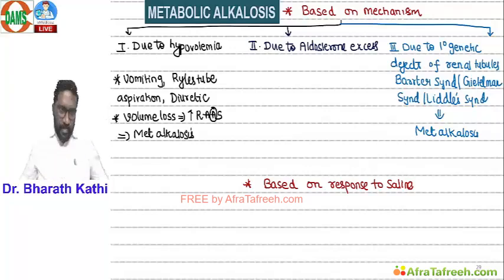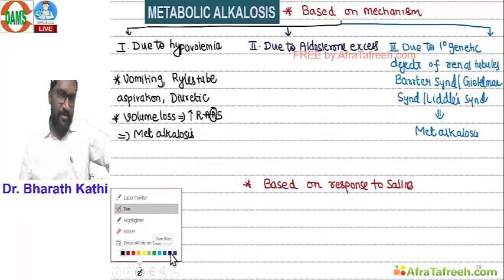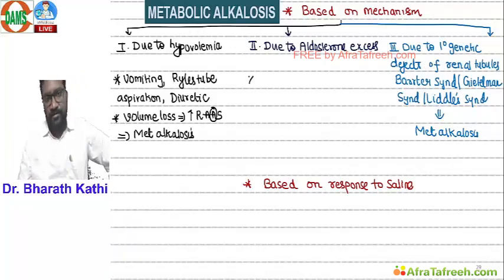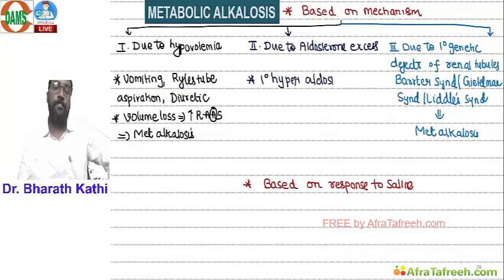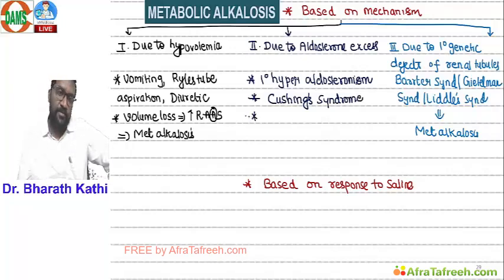Next, coming to aldosterone excess, unnecessary aldosterone excess. Diseases such as primary hyperaldosteronism, Cushing's syndrome, renin secreting tumor.